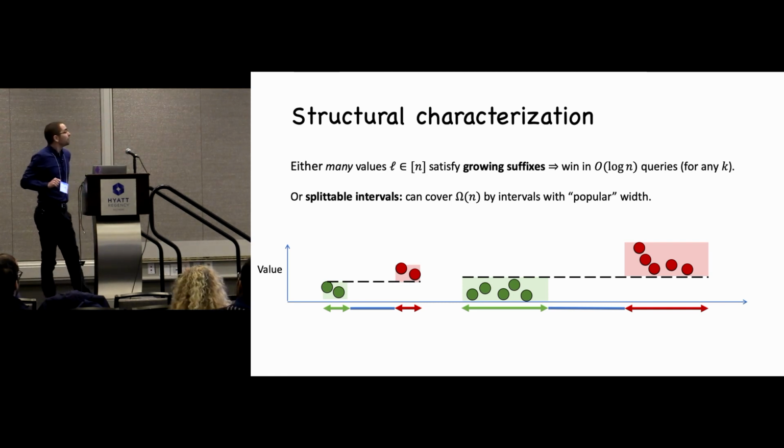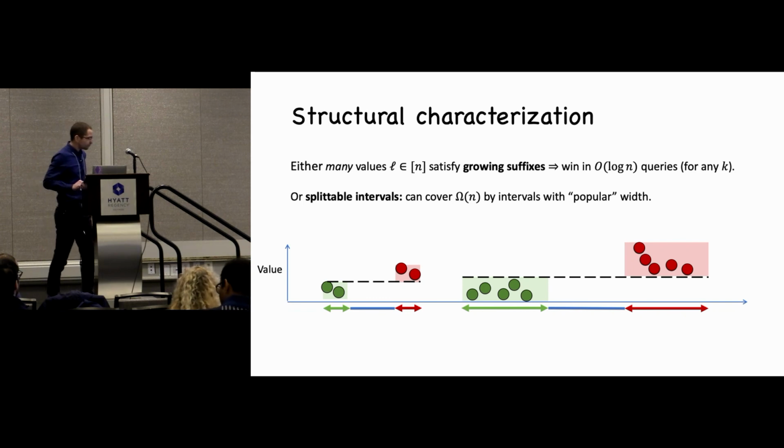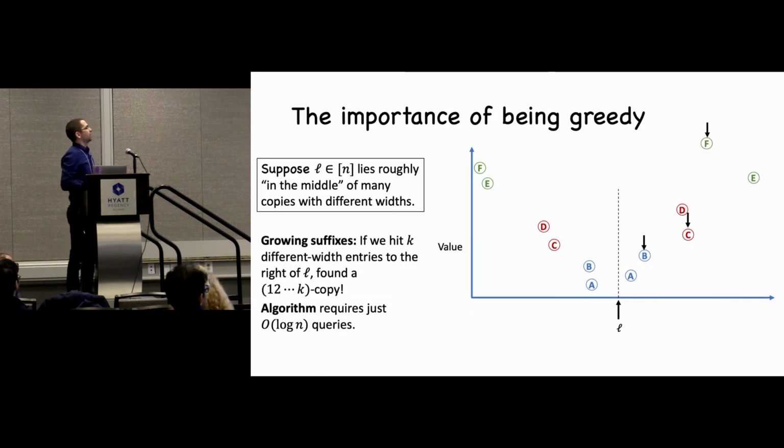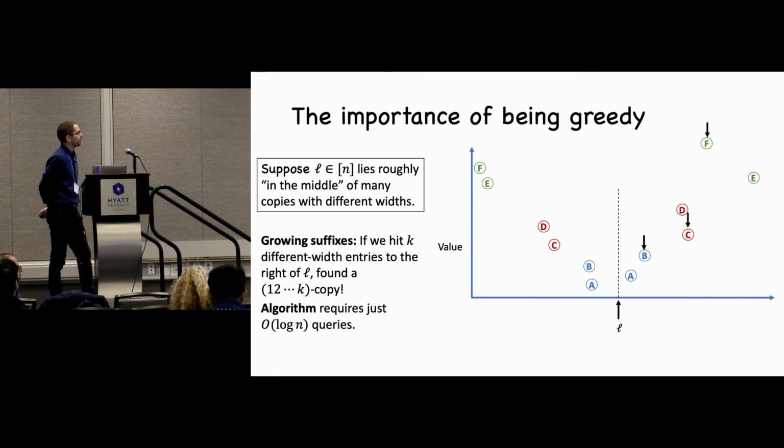So in the case k equals 2, we are done. Now when k is bigger than 2, the growing suffixes condition, the previous condition, actually holds for any fixed k. So you still need to pay just log n queries in order to find an increasing subsequence.